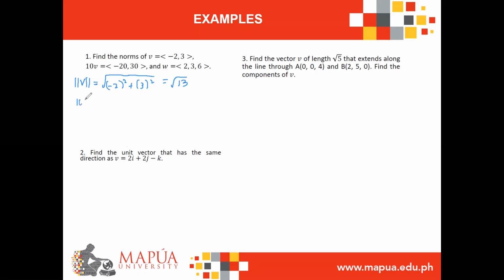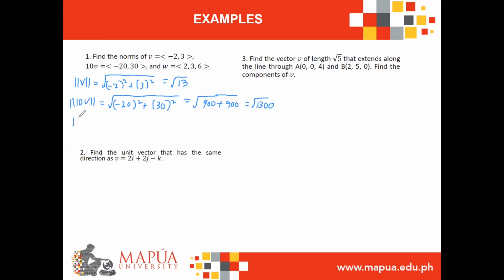For 10v, the magnitude or norm of 10v is equal to the square root of negative 20 squared plus 30 squared. So we know that negative 20 squared is equal to 400 plus 30 squared is 900. So therefore, it is equal to the square root of 1,300.